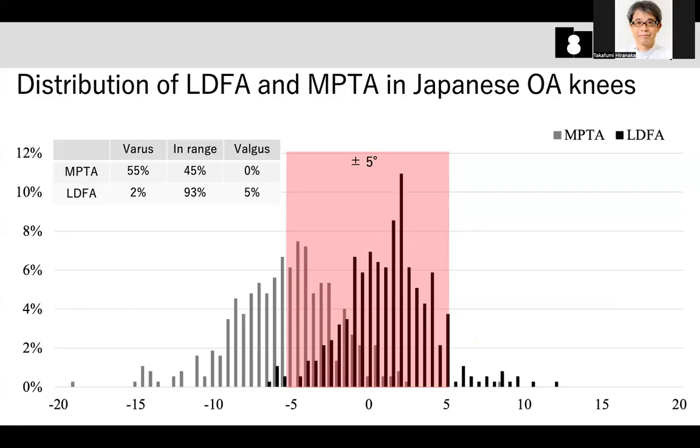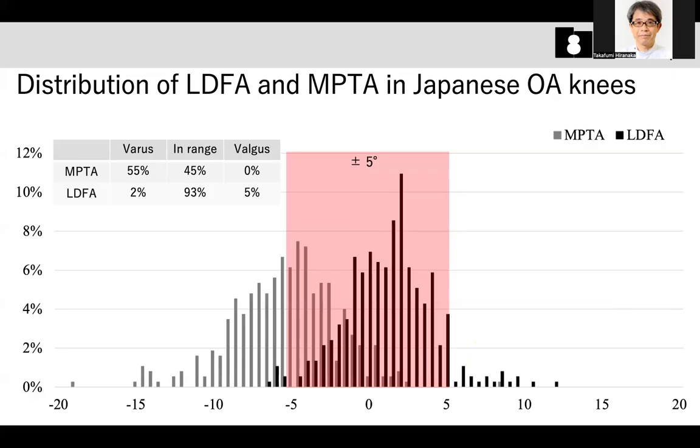Normally, plus or minus 3 degrees is practical and reasonable, but it is very narrow. So we always widen the safe range when we decide on kinematic alignment, as opposed to mechanical alignment. So this range can be wider.